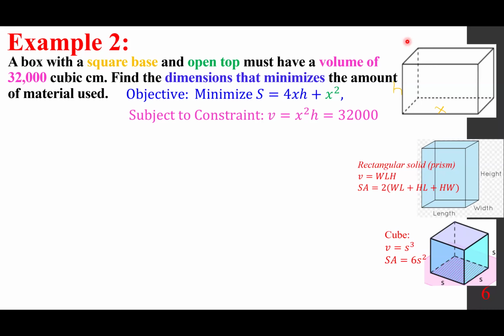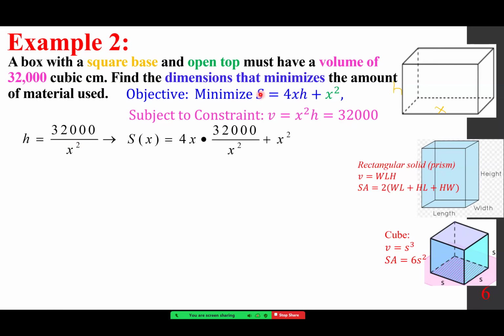We are going to solve for h and put it into S, because S is a function of two variables, x and h. So if I solve for h, that means 32,000 over x squared. I can replace the h in the surface area.